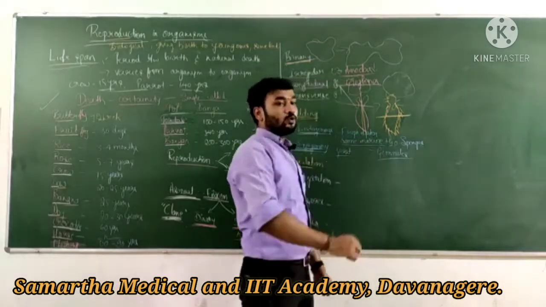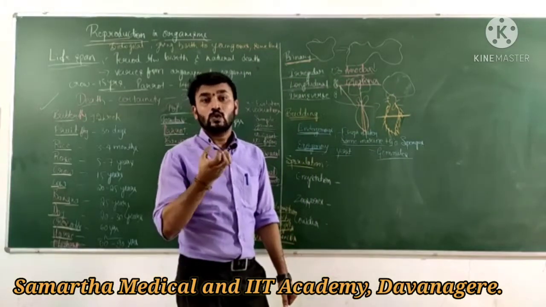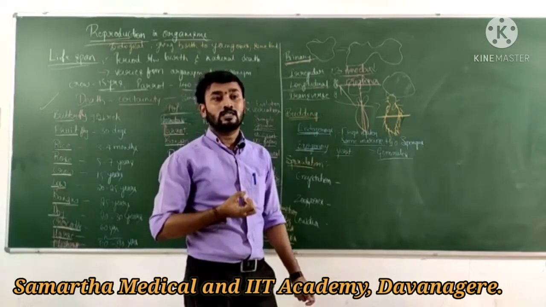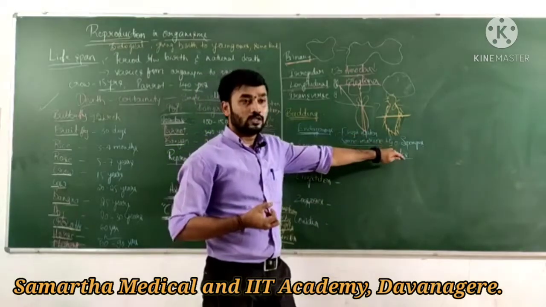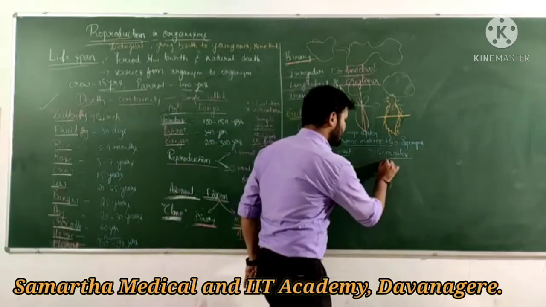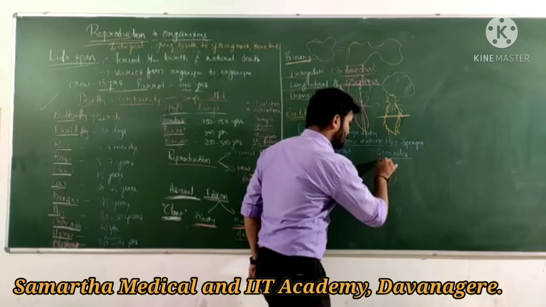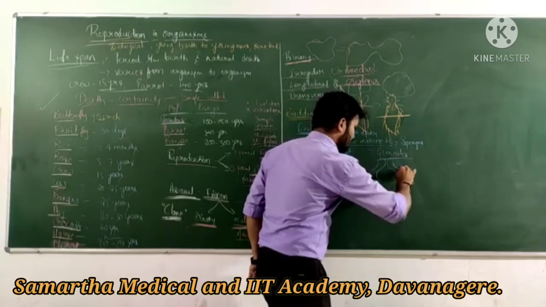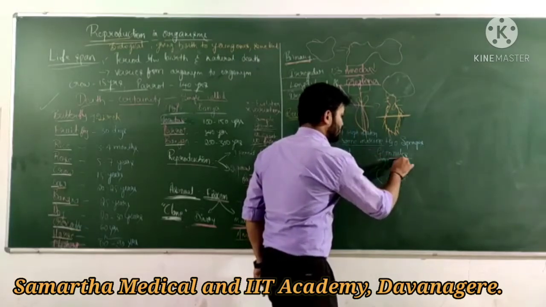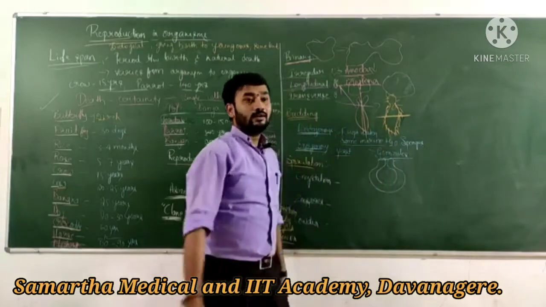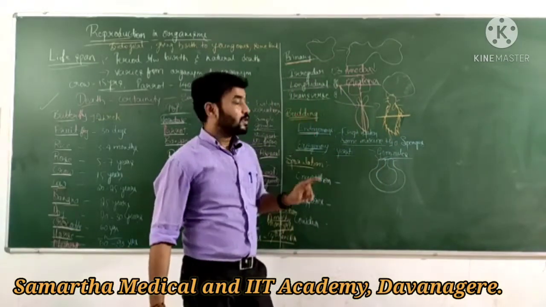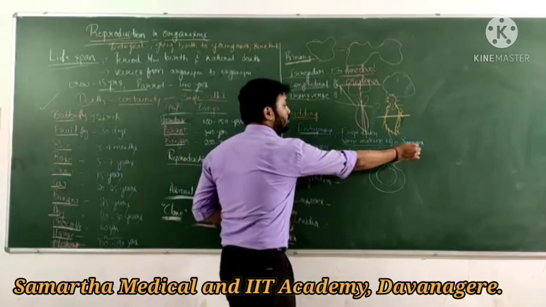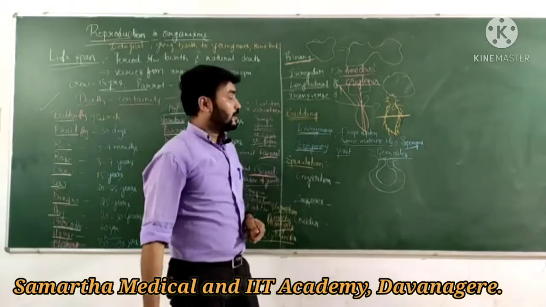So these are the asexual buds which are produced usually from the freshwater sponges and some marine water sponges. These gemmules will be the asexual buds. Okay? So that is the example for budding.